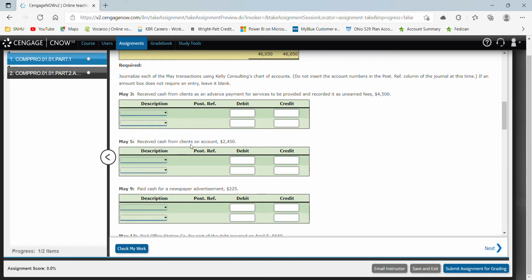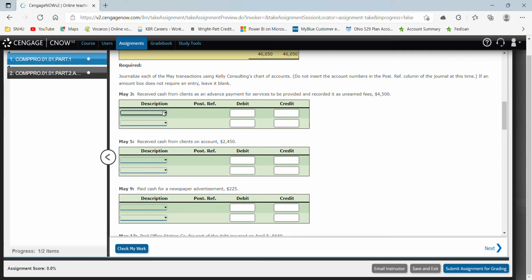So it says on May 3rd, we received cash from clients as advance payment for services to be provided, and we recorded it as unearned fees. All right, so we got an advance payment. Somebody says, we'll pay you to do some work for us. One of the things that you'll always want to do is look at what is happening with cash. Cash is usually involved with each transaction. I say usually, not always, and we'll see a few transactions where cash is not involved.